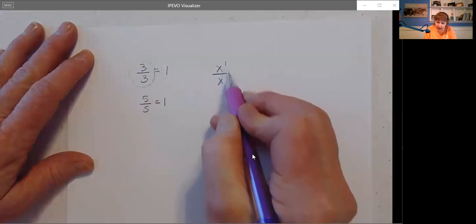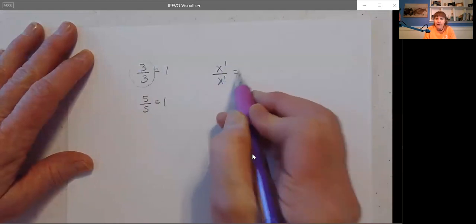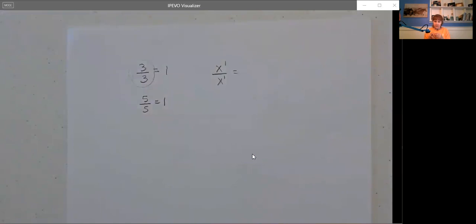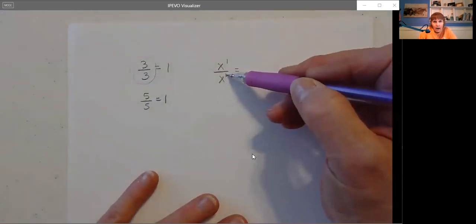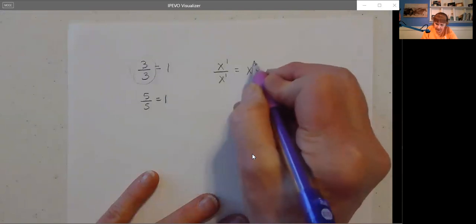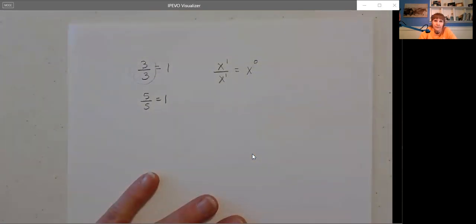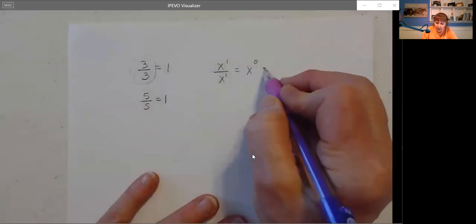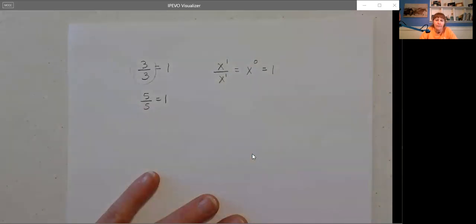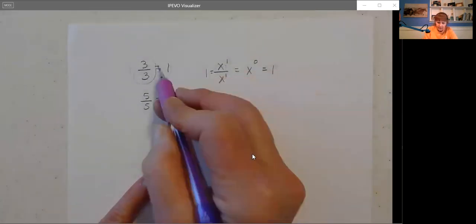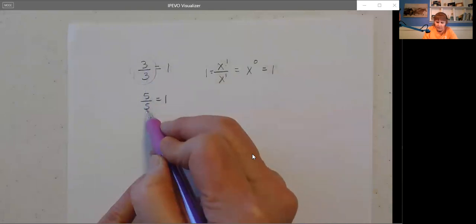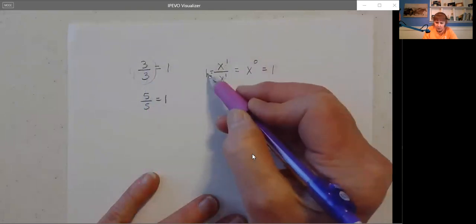I know from this that this is equal to 1. But if I subtract the exponents and simplify it that way, 1 minus 1 is 0, which means that x to the 0 is 1. We know that when these match, our answer is 1. 3 over 3 is 1, 5 over 5 is 1, x over x is 1.